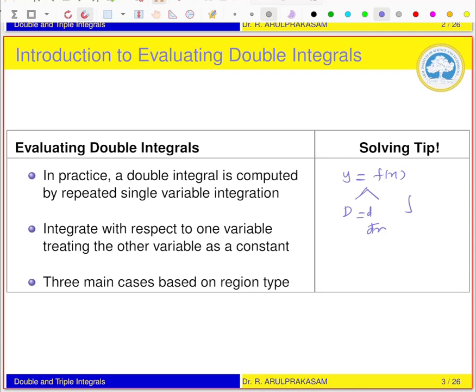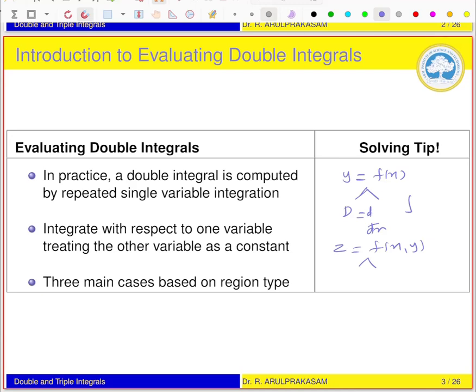In the first semester we extended to functions involving more than one independent variable. Suppose I consider a two variable function f of x comma y, z is a function of x comma y. In the first semester, we studied functions of several variables.